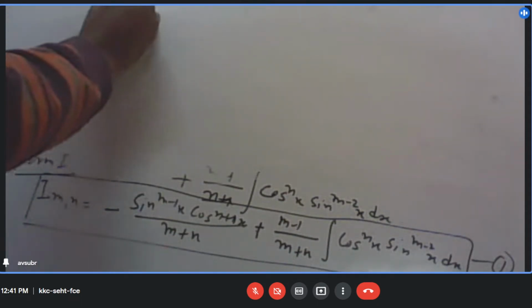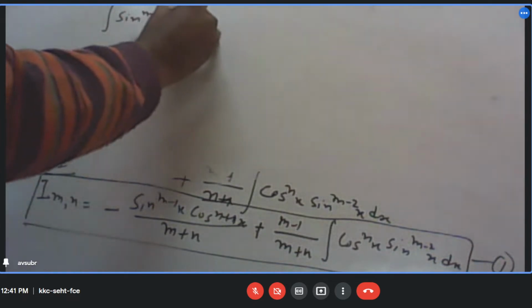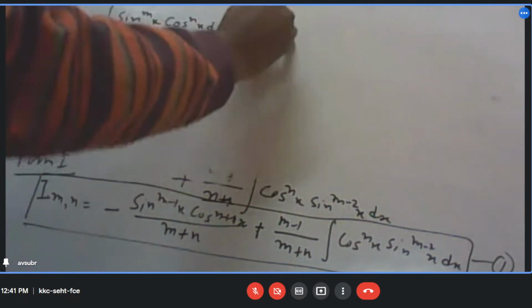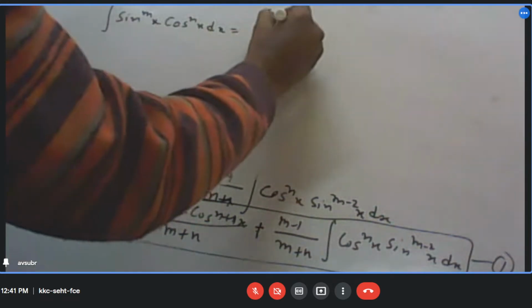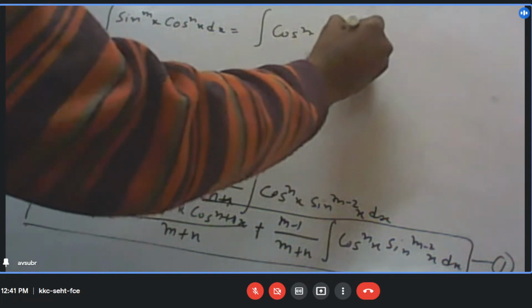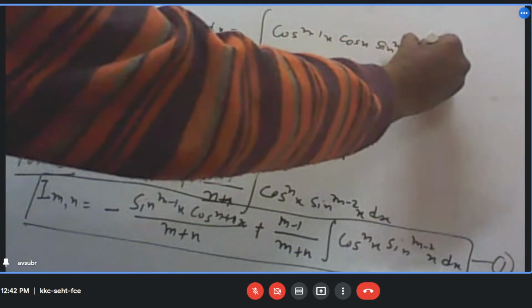Then we can have the same thing. We can write it down like this also. See, you will say, sir, why did you consider sine to the power m minus 1 x into sine x cos to the power n x dx, why did you consider it like this, cos to the power n minus 1 x cos x sine to the power m x dx?